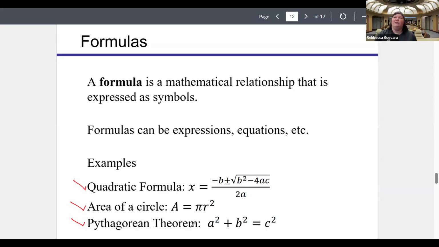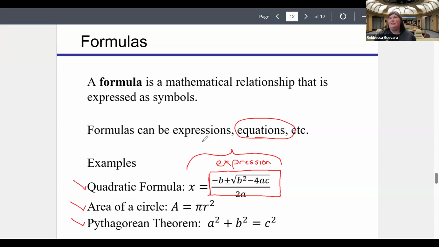One of the things that's a little different here is that it's not just expressions, we've got equations here. And what we're really doing is just focusing in on part of that equation. So this part right here would be an expression. But this, where I put the equal sign, turns this into an equation.